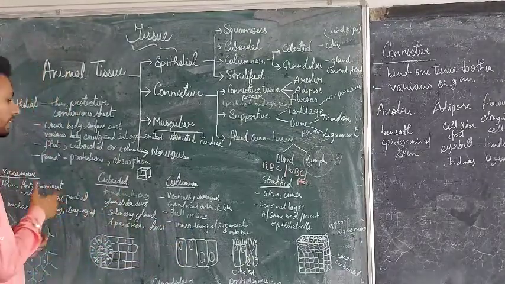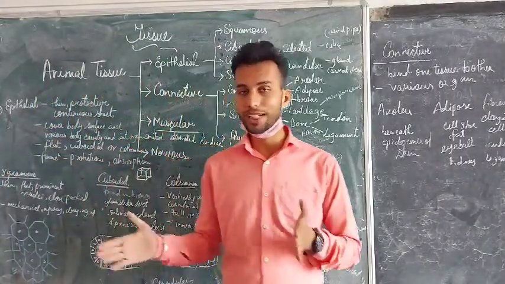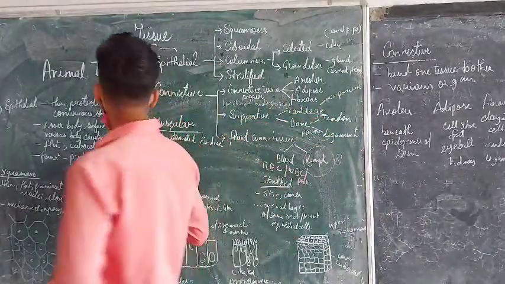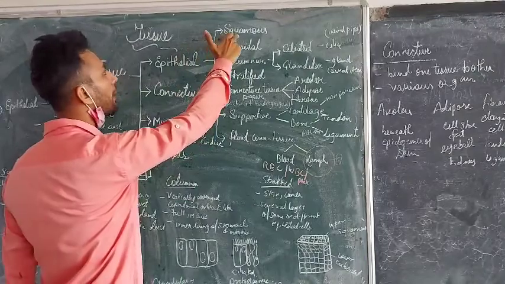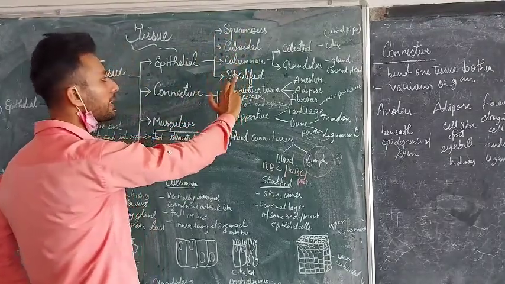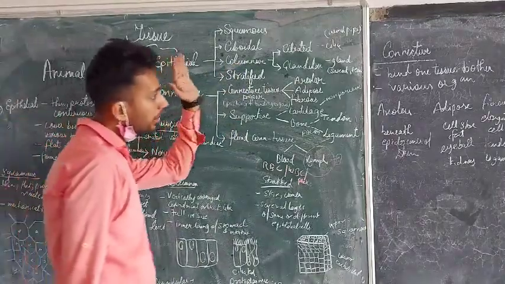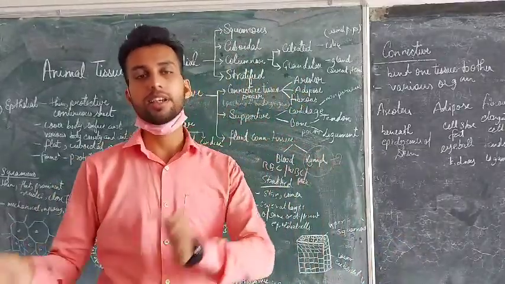The main function of epithelial cells, as we already know, is to protect any particular internal or external organ. Epithelial tissue is further divided into four types: squamous epithelium, cuboidal epithelium, columnar epithelium and stratified epithelium. This division is done on the basis of their shape and function.